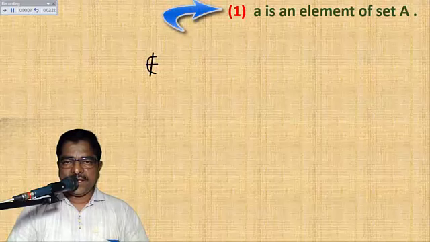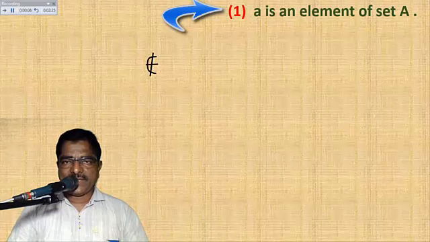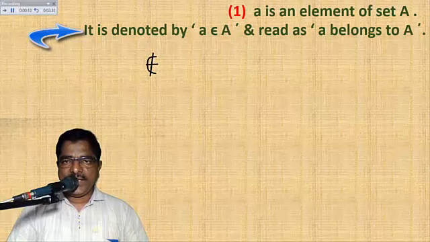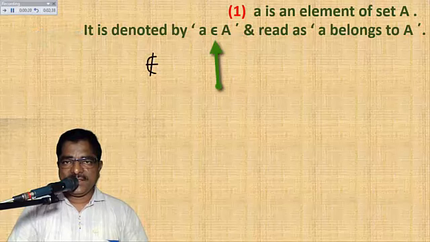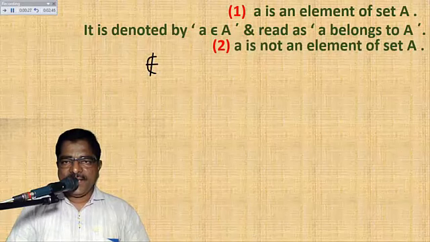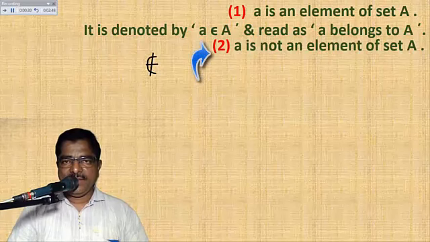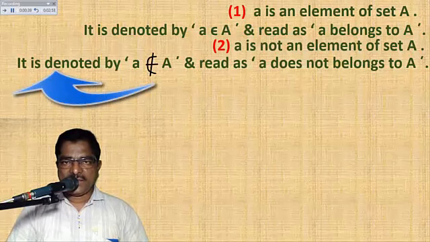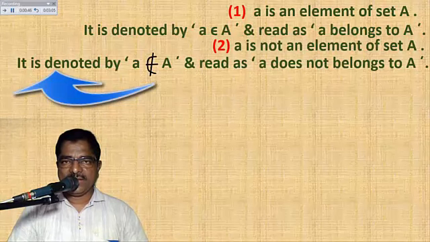Here, if a is an element of set A, it is denoted by a belongs to A. The belongs to sign indicates that a is contained in set A, and it is read as a belongs to A. Then, if a is not an element of set A, it is denoted by a does not belong to A, and read as a does not belong to A, or a is not an element of set A.